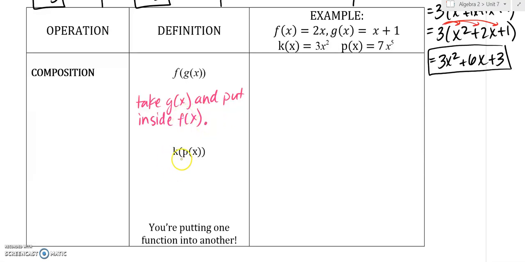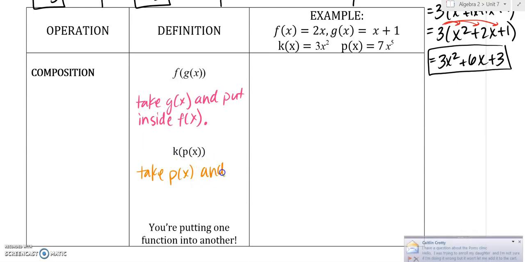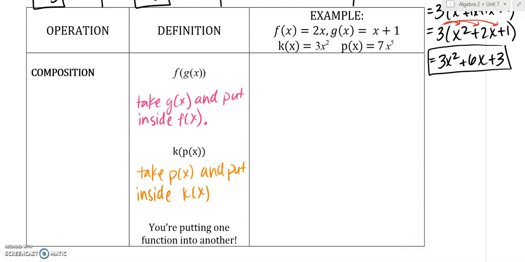And if you look at the other one, it says k of p of x. So in a second I'm going to take p of x and put inside k of x. I'm going to jump back up to the first one. I'm going to take g of x and put it inside f of x.